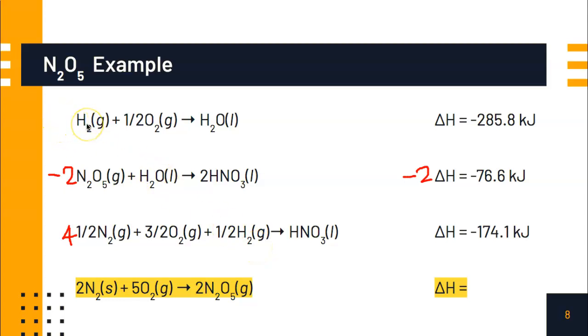That means this diatomic hydrogen up here needs to also have a coefficient of 2. So I'm going to have to multiply my first equation by 2. You'll also notice right now that this hydrogen is on the same side, it's a reactant. And that means that I need to reverse this equation because I need to have this hydrogen as a product to cancel out this reactant hydrogen.